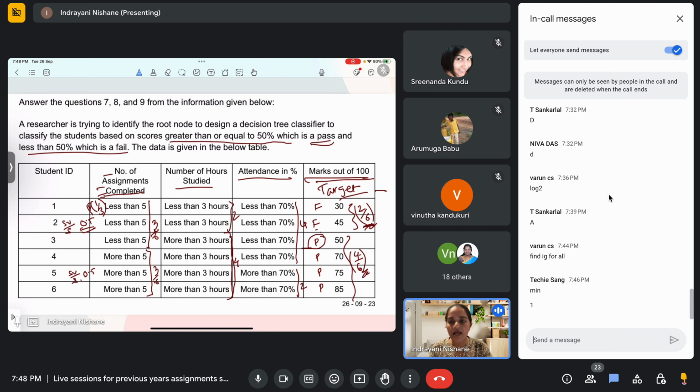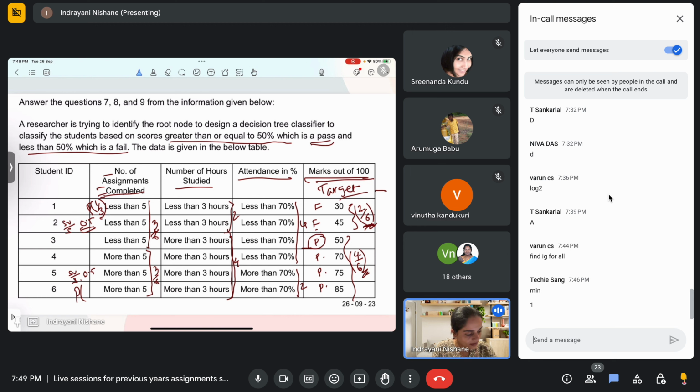For the students who have completed more than 5 assignments, there are 3. Can you check the last column with the corresponding rows? All 3 are going to pass, so 3 divided by 3.